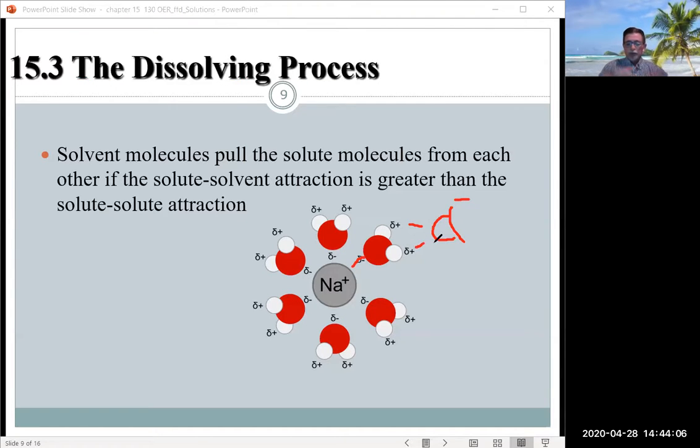So this whole mixture will be dissolved by water with sodium chloride. And basically what's happening here, the solvent molecules will pull the solute molecules from each other if the solute-solvent attraction is greater than the actual solid being held together. And that's why things like sodium chloride in the solid will dissolve very readily, especially in water. Let me clear this mess here.